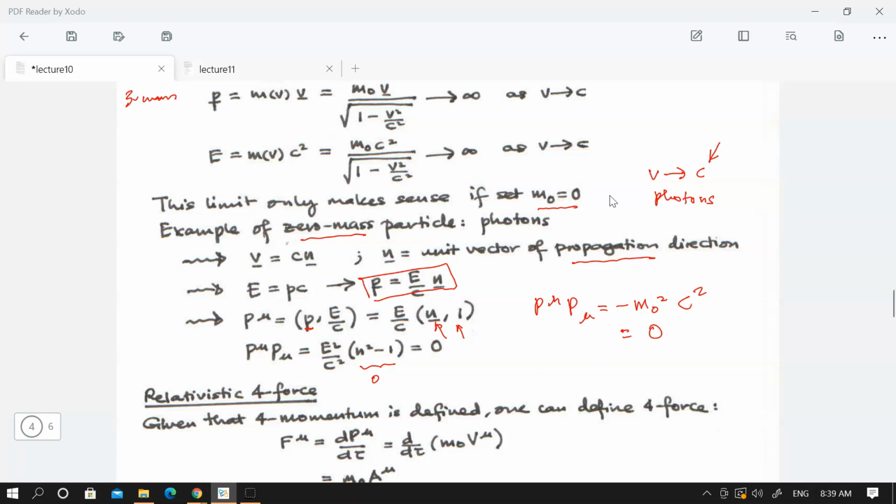So that works out, even if you do not like this particular assumption put into the zero mass particle.